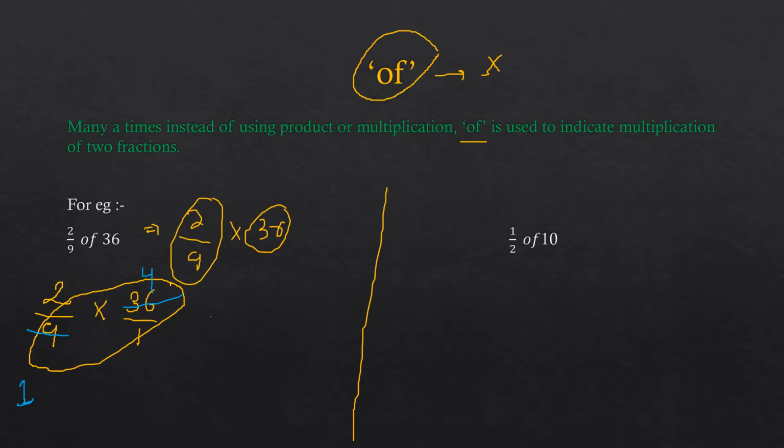Now we just get the product of numerators by the product of denominators, and hence here we are left with 2 into 4 in numerators, and in denominators we are left with 1 into 1. That is 4 into 2 gives us 8, and 1 into 1 gives us 1. Therefore 8 by 1 is always equal to 8. Right, this will be the answer for this question.